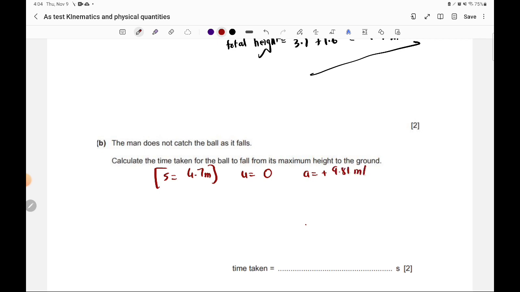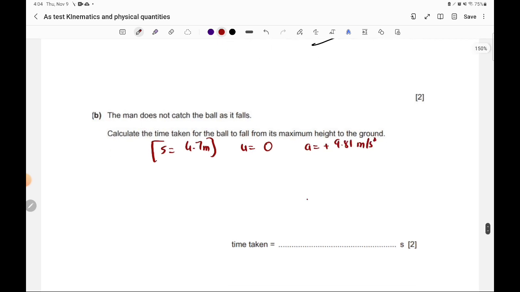So I'm just using the normal approach. So there we have it. This is something that we have, and we can find the time. So S is equal to ut plus half at squared. The value of S is 4.7. This is going to be 0 plus half times the acceleration, which is 9.81, and the time is something that we require, so this is going to be t squared.